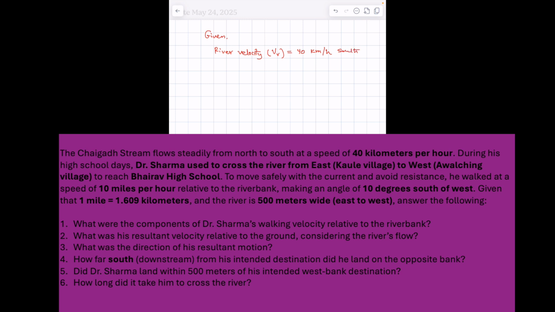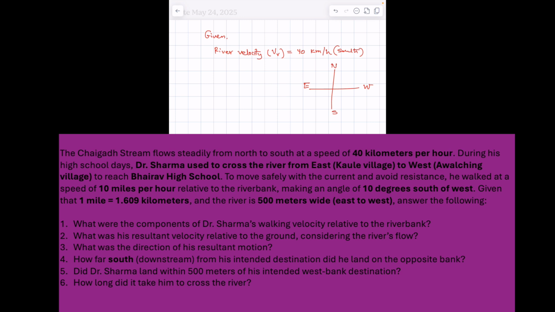Remember that. Let me draw the directions here. Suppose this is north, this is south, this is east, and this is west. So you see here the river is flowing from north to south, from Gurase in the north to the south where it discharges into the river basin.